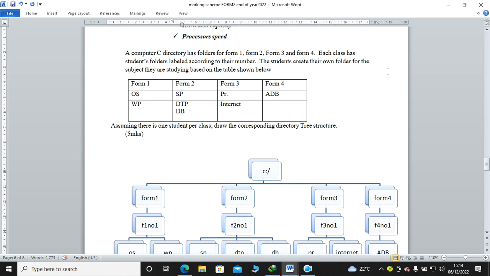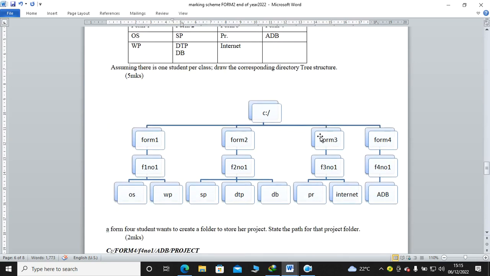We have Form 1, they are studying OS, that is OS WP, Form 2 SP DTP DB, Form 3 PR Internet, Form 4 ADB. So, assuming there is 1 student per class, draw the corresponding directory tree structure, 5 marks.